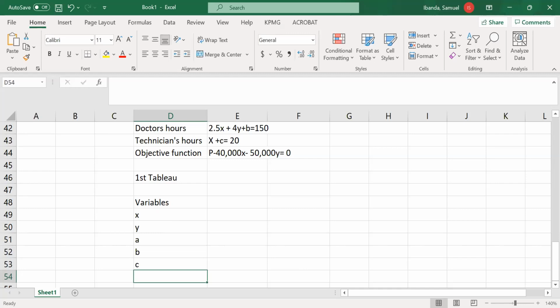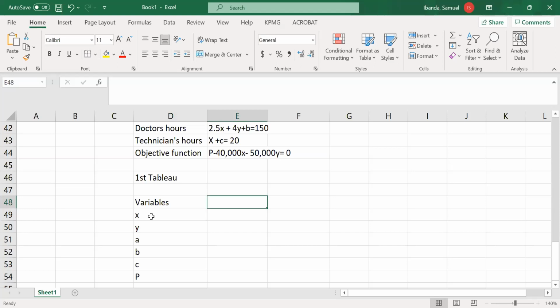And then we also need to appreciate that we have our objective function, which in this case I called P, because that's what we are actually looking out for. Up here, I'm going to rearrange the same things the same way they are here.